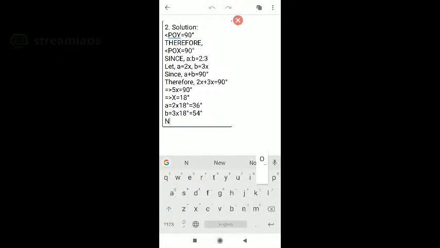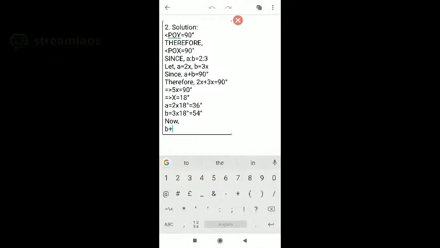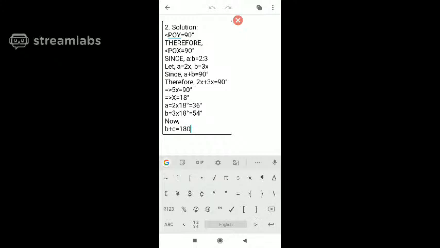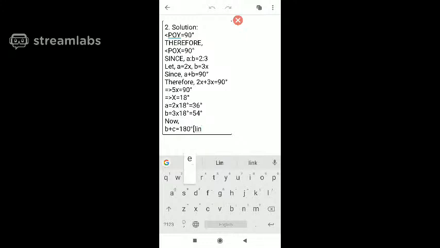So we will write now B plus C equal to 180 degree. Why 180 degree? Because they are linear pair.